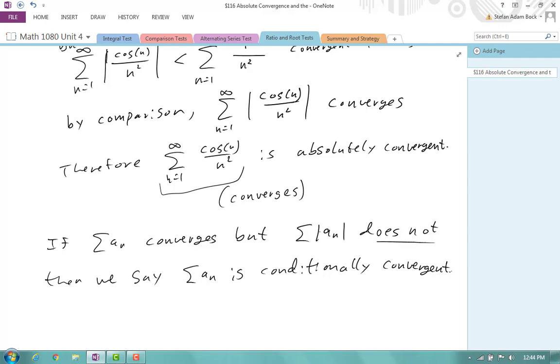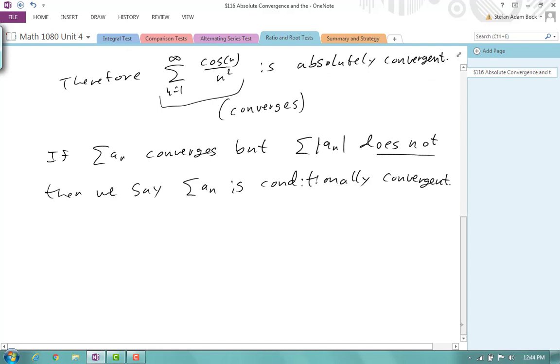Its absolute value terms may not necessarily converge, but by virtue of it being an alternating series, it may converge anyway. And a classic example of this here is the alternating harmonic series versus the regular harmonic.